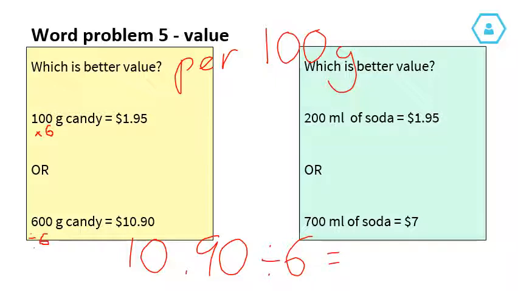That's going to give me how much per 100 grams. So 1090 divided by 6 is going to be $1.816, and I'm going to round that up, so it's $1.82. So for 100 grams down here, it's going to cost $1.82.